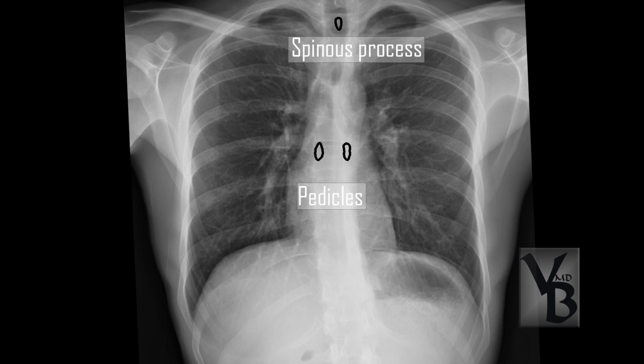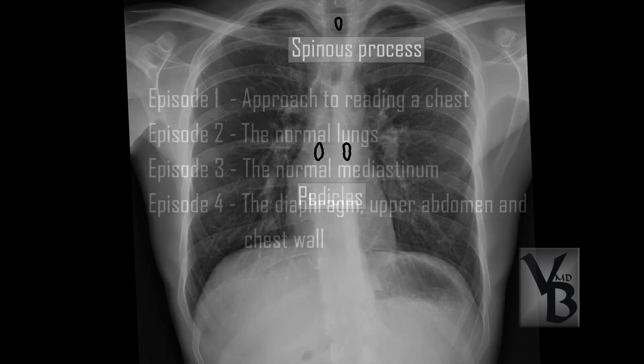Any abnormality involving the pedicles or the spinous process would result in obliteration of these obvious ovoid shapes. Presence of any soft tissue mass adjacent to the spine would result in widening or obliteration of the paraspinal lines.